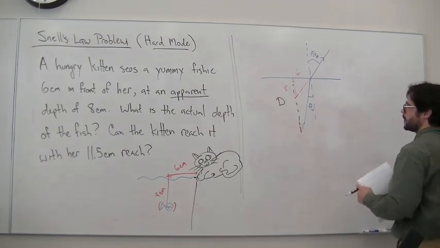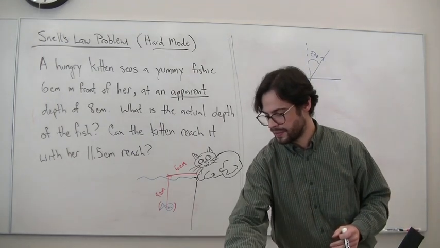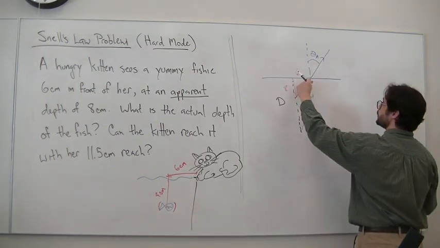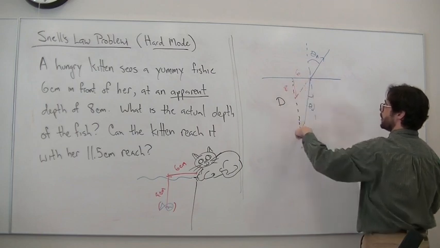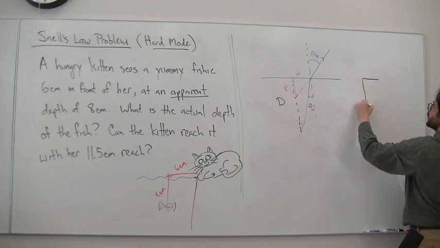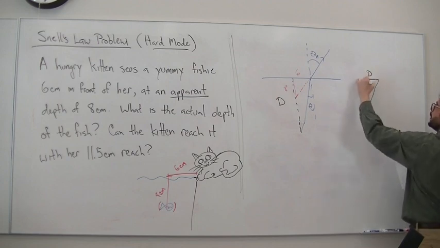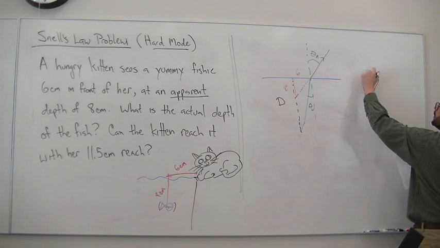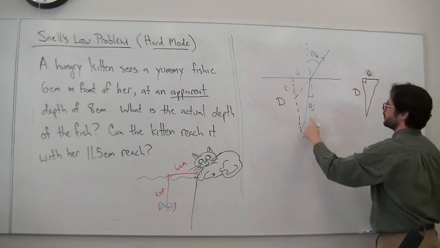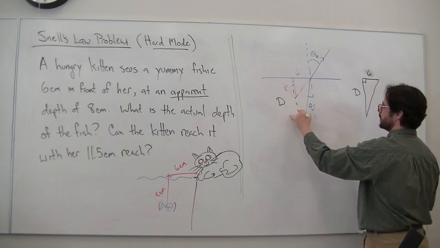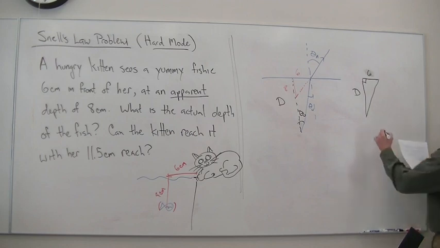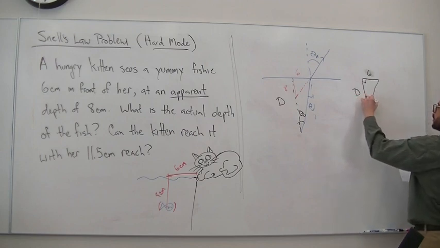So trig time. So I have this depth, I can find this angle, so let me redraw this triangle. So this triangle is a 6 centimeter, D centimeter right triangle, and then what I know from the SATs that I took 10 billion years ago is that these are opposite interior angles, so this is actually theta water.